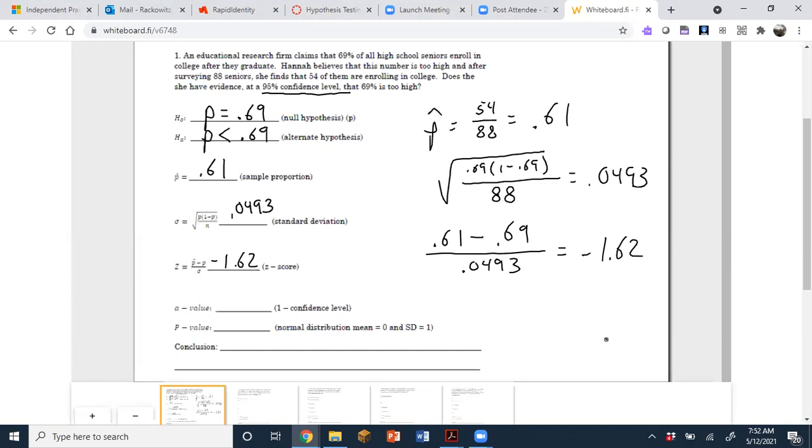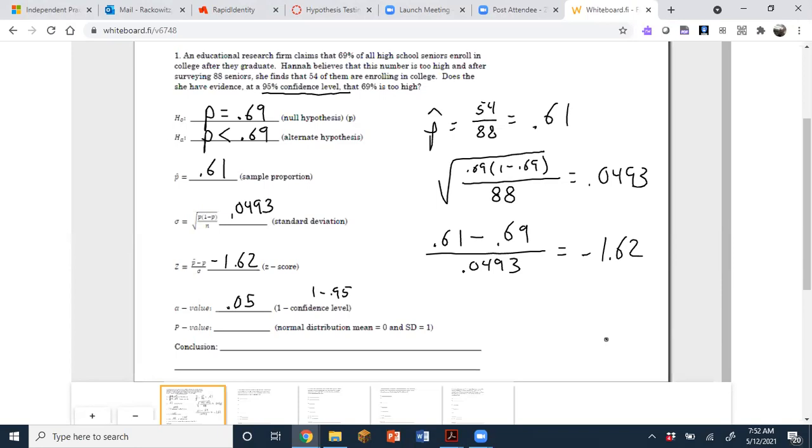Our alpha value, since you want a 95% confidence interval, that means alpha is 5%. It's 1 minus 0.95. Remember, if your p-value is less than this number, then you can reject the null hypothesis.